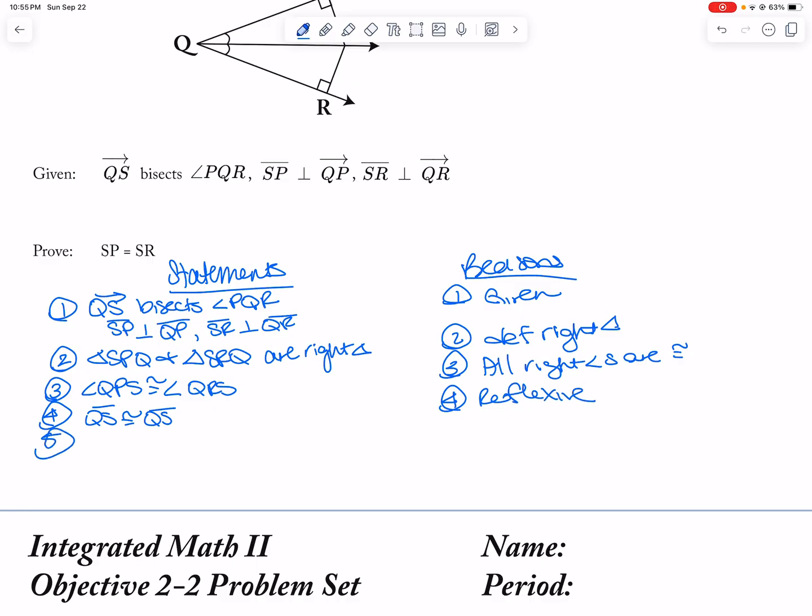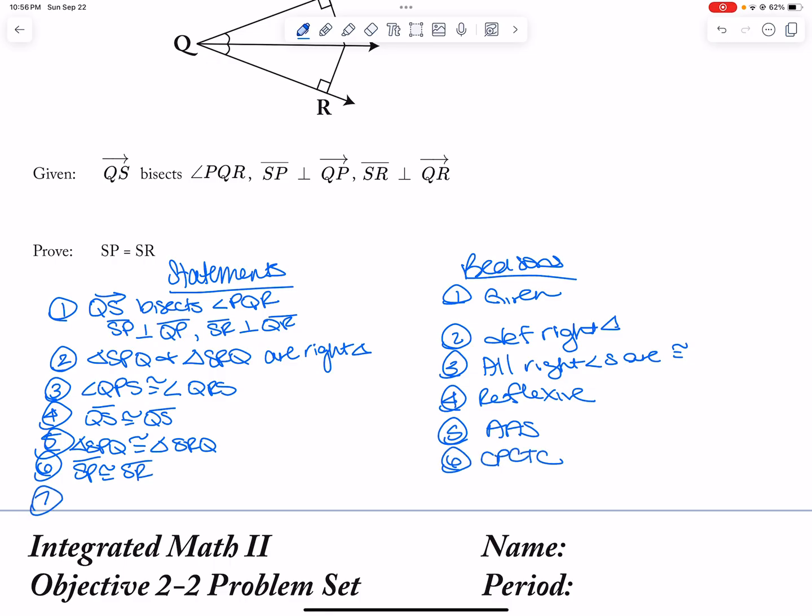And then 5, triangle SPQ is congruent to triangle SRQ, and that is angle side. And then 6, SP is congruent to SR, and that'll be CPCTC. And then 7, SP is equal to SR, and that is definition of congruence. All right, and that is it for this lesson.